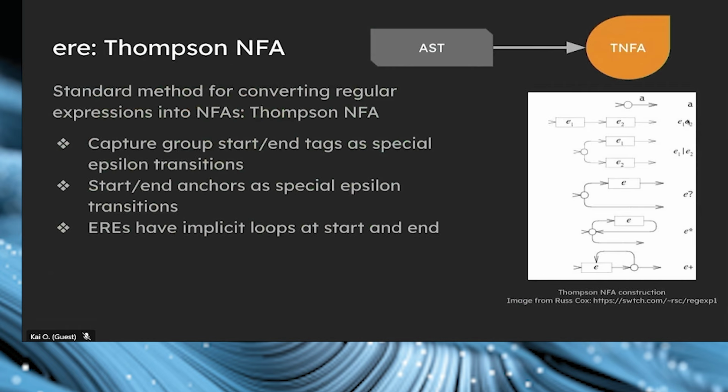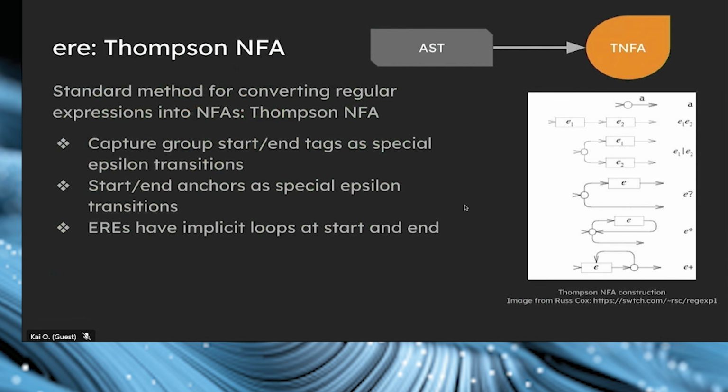So any concatenation turns into the first state machine followed by the second state machine, and any alternation is like the first state machine split into the second state machine: you enter and then you split into two different states. So you have two different states active at the same time that each will be run, and those of them that pass are going to continue on.